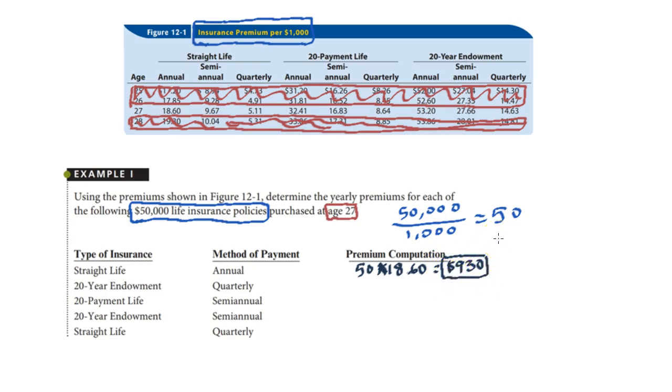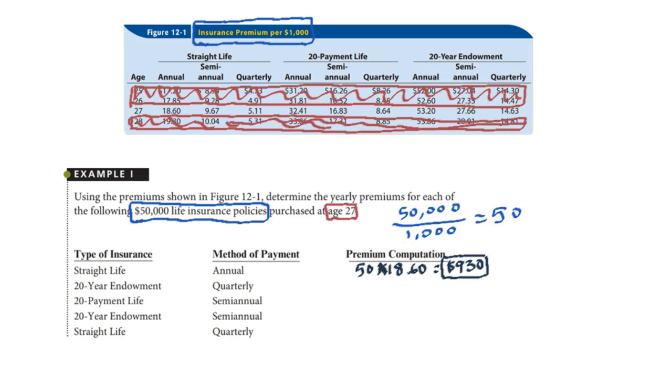Okay, now the next one is a 20-year endowment. So we're going to be over here in this far right area for 20-year endowment, and we're paying quarterly. So quarterly, that means we're paying 4 times a year. So the premium is $14.63 per quarter. So if we wanted to find the yearly premium, then that means we have to pay 4 times this because we're paying 4 times a year. We want to figure out how much we're paying each year.